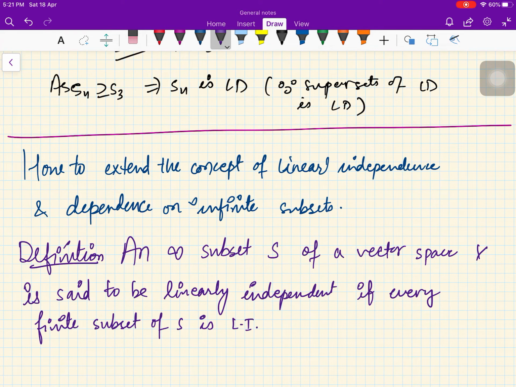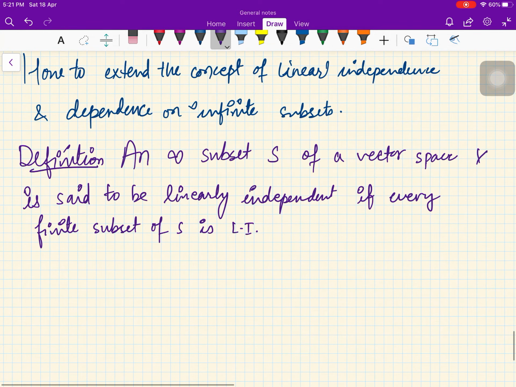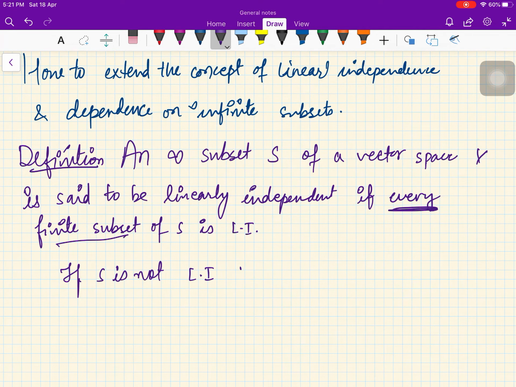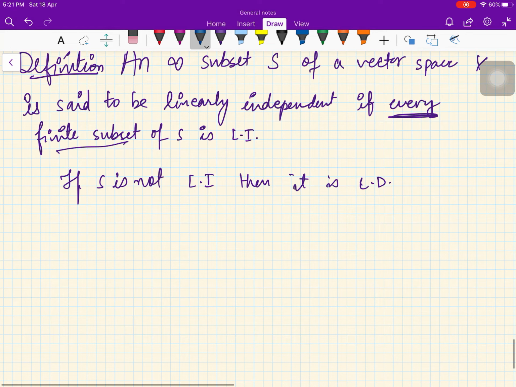Fine. So if we are given an infinite set and you are asked about linear independence or dependence, then you have to check every finite subset. So it is quite difficult because you have to check for every finite subset of S. And if S is not linearly independent, then it is linearly dependent.